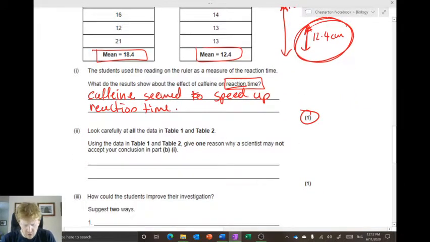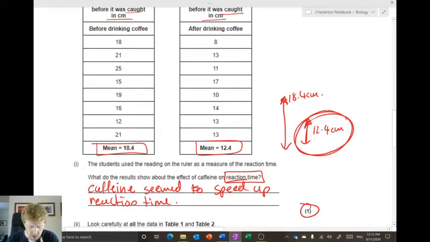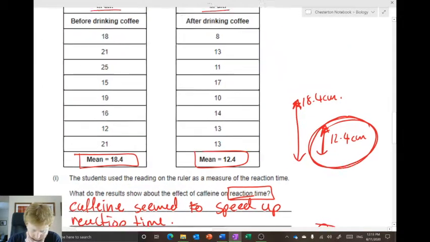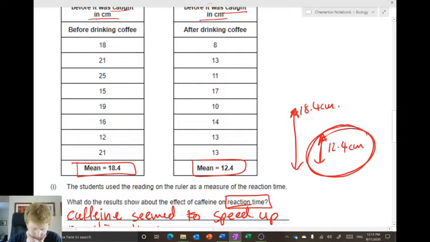Look carefully at all the data from Table 1 and Table 2. This one's a little bit more tricky. Using the data from Table 1 and Table 2, give one reason why a scientist may not accept your conclusion. So why not? One of the things you can see is that a lot of this data could fit in different places.